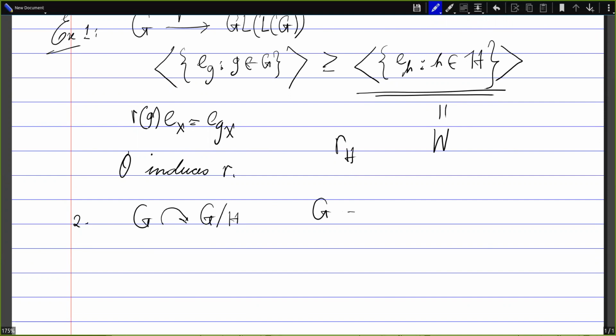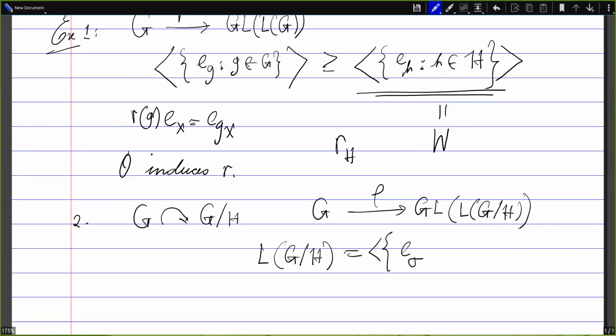Thus it's a representation from G to GL of LG mod H. So LG mod H is basically spanned by E sigma, where sigma belongs to G mod H, and the action of rho G for any G on E sigma is E G sigma, right?